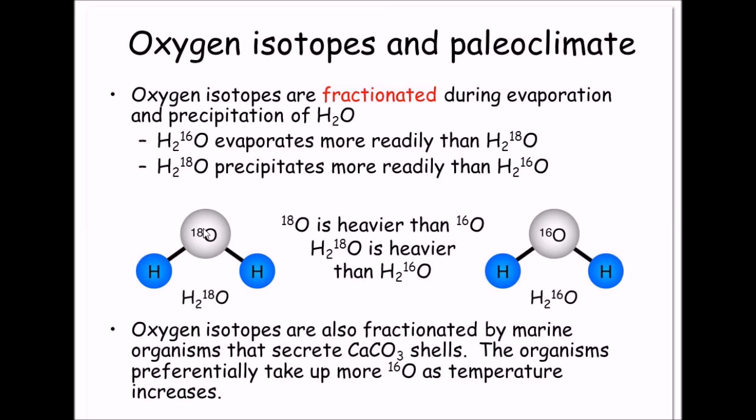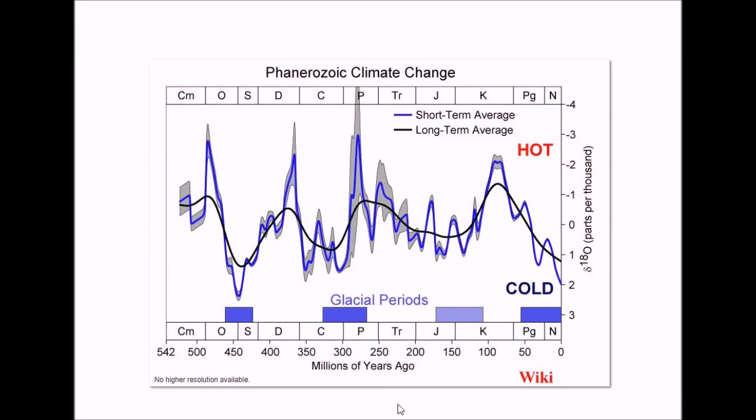We can tell what the climate was millions of years ago, and we can track changes in climate over millions of years. Here is an approximation of temperature changes over the last 542 million years. 542 million years ago, we had the Cambrian explosion.